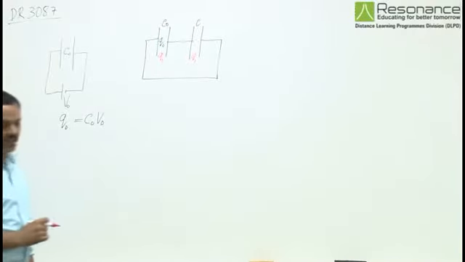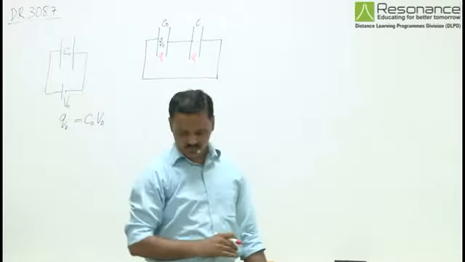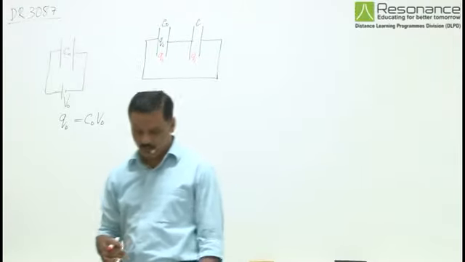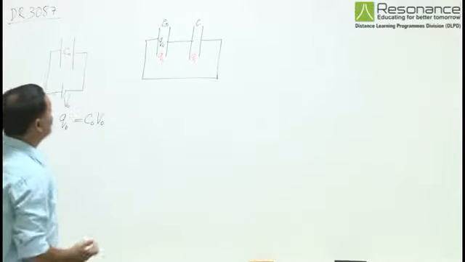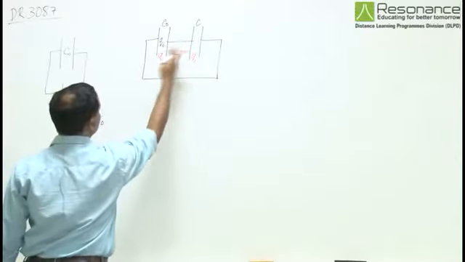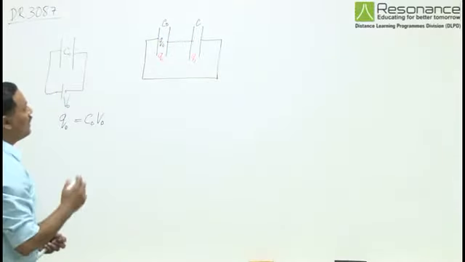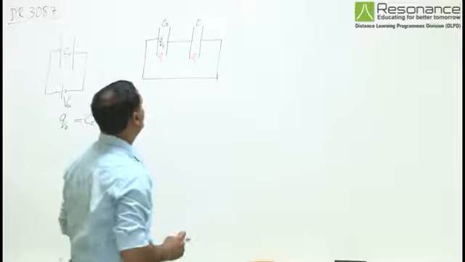The flow of charge takes place as long as their potentials do not become equal. So this Q naught charge is distributed, with the capacitor having charge Q1.